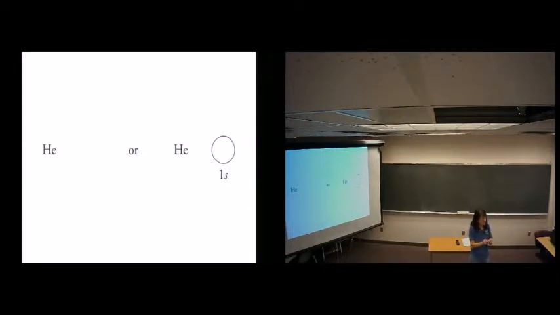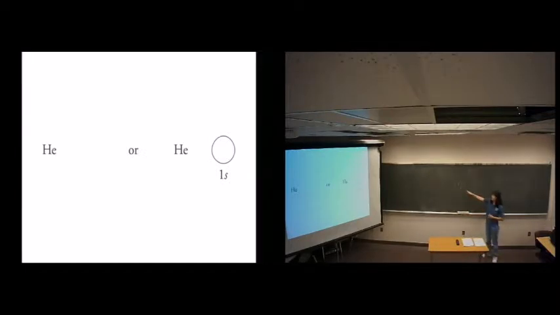So let's remember those first 2 rules. Which orbital are you going to start with? 1s. And how many electrons are we going to be able to put in there? 2. And they better be opposite spin. That's right, unique quantum numbers. So that's it right there.